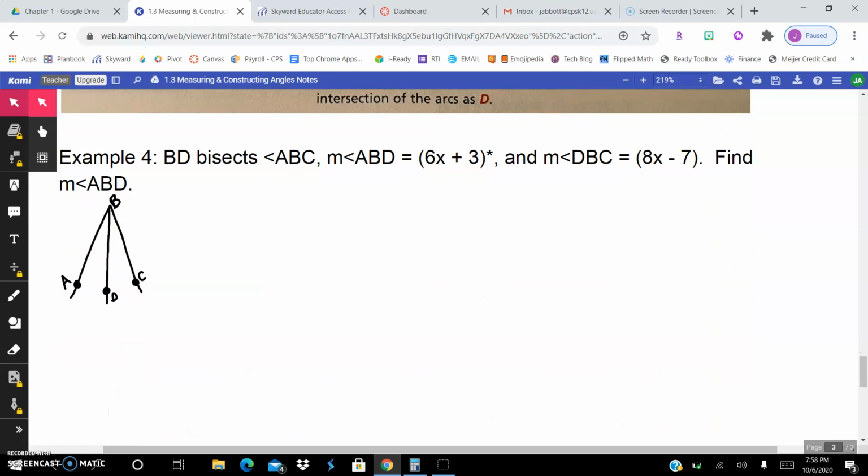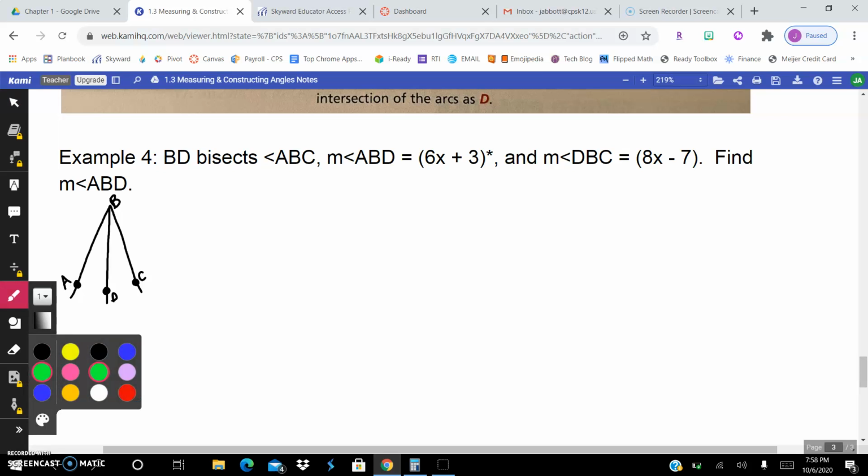And example 4 says that BD bisects angle ABC, and the measure of angle ABD is 6x plus 3. So this is 6x plus 3 right here. And DBC is 8x minus 7. So this one's 8x minus 7.